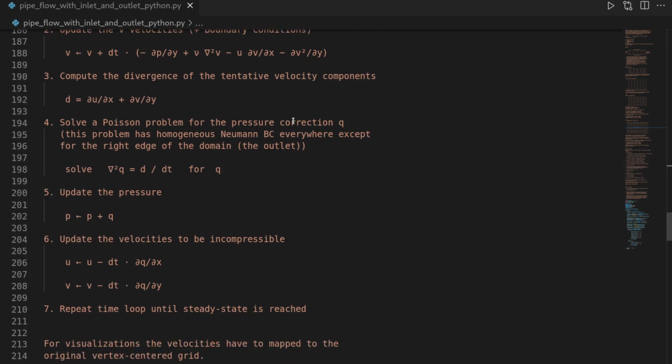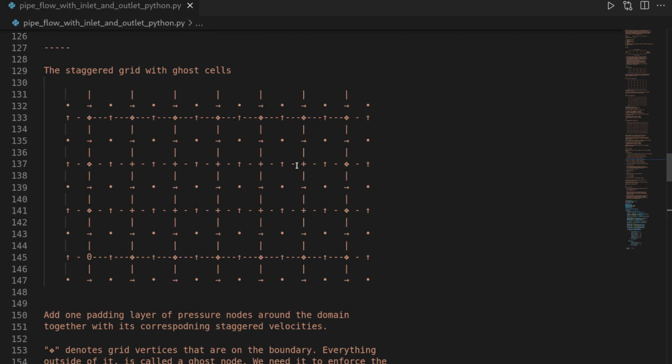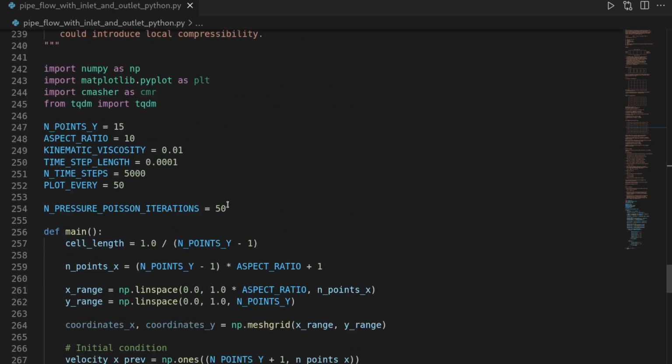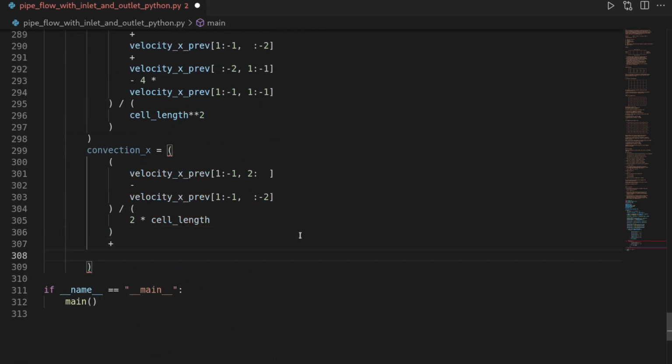And then the second component in the convection is this here, the velocity v multiplied with the u derivative in y direction. For this, we will use a similar approach. So let's take a look at the staggered grid and see here, we want to go 1 above and 1 below. So we will do, let me go down here and say this is plus.